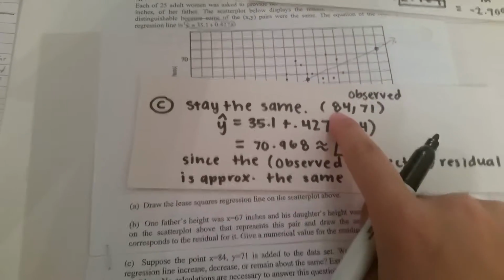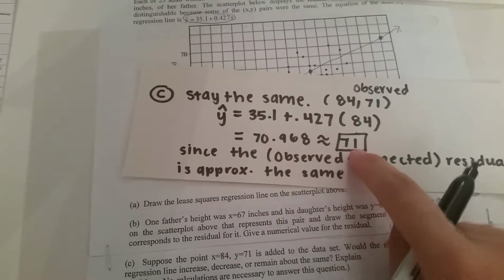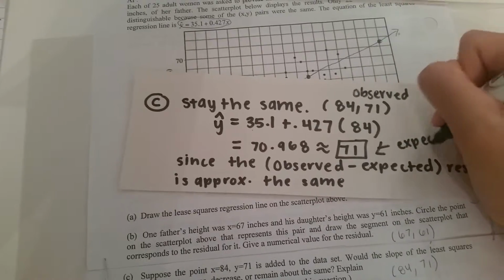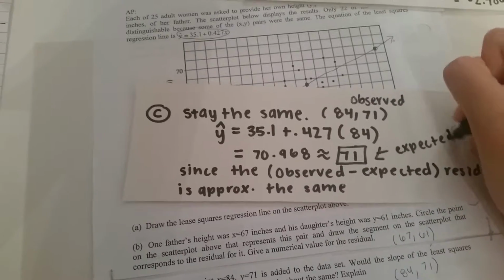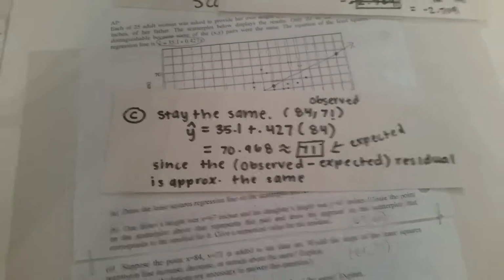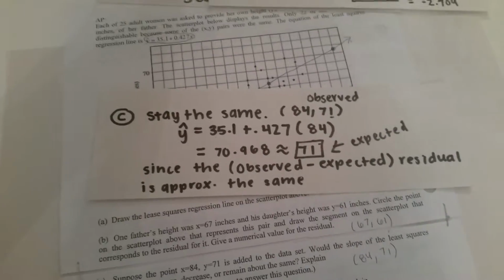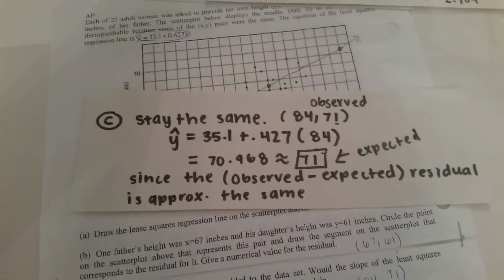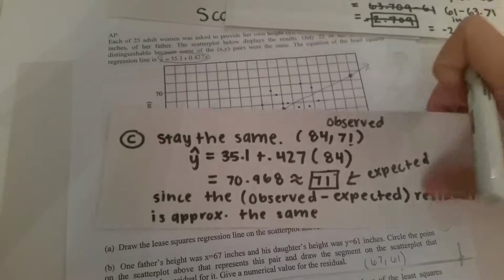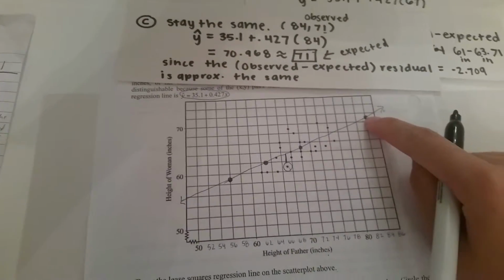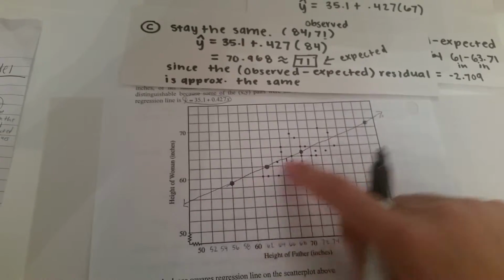I inputted 84 in the regression equation and I got an expected value of about 71, so they are both the same, okay? And since the observed and expected values are the same, the residual would be 0. And so the answer is that it would be exactly on the regression line, and so the slope would not change at all.